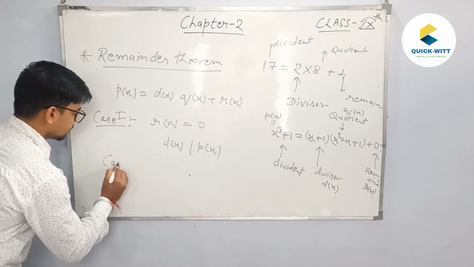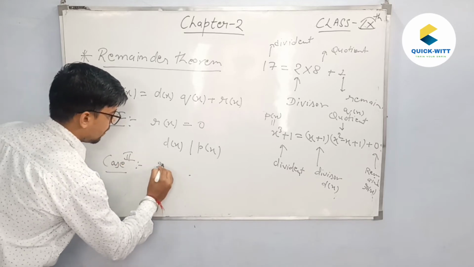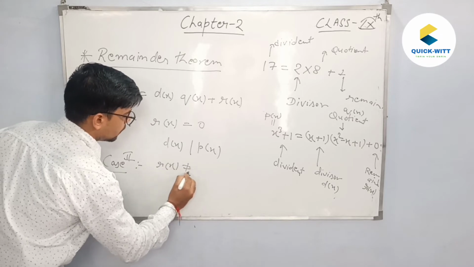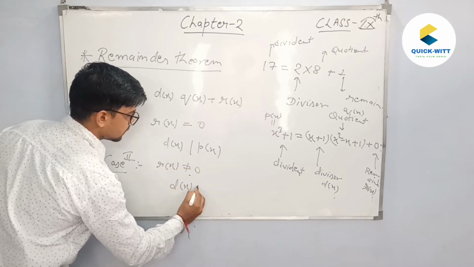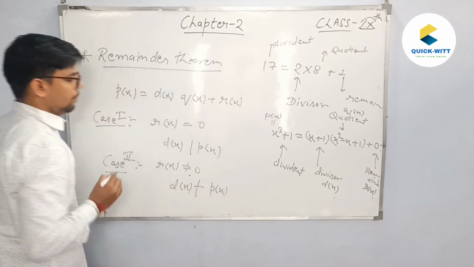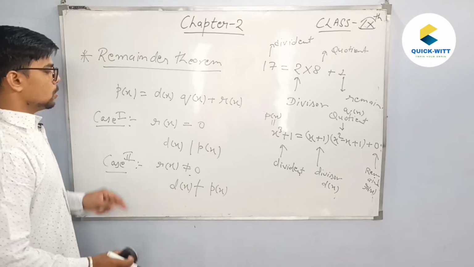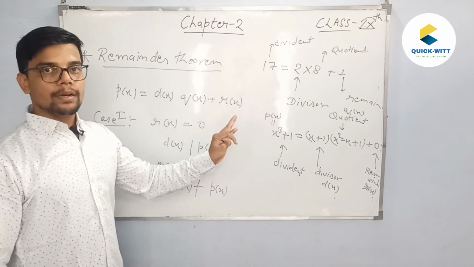And secondly, if r(x) is not equal to 0, then we can say that d(x) doesn't divide p(x).